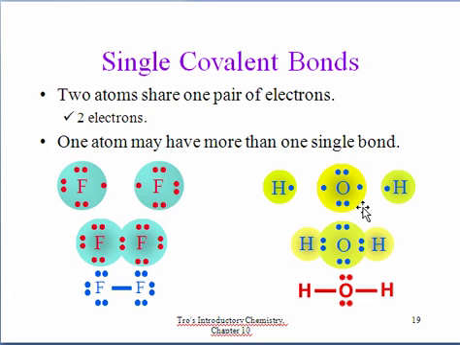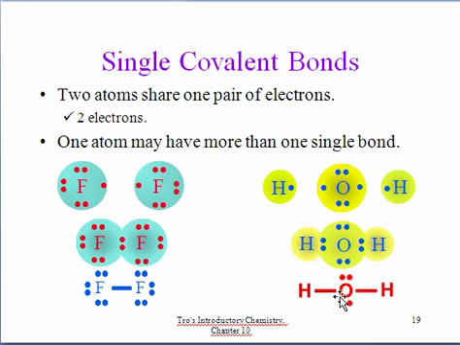Here's another example of shared electrons. Oxygen has 6 valence electrons and hydrogen has 1. If hydrogen shares its 1 electron with the unpaired electron on oxygen, oxygen gets an octet of electrons and hydrogen gets 2 electrons just like helium. And again, we show these shared electrons often as lines.